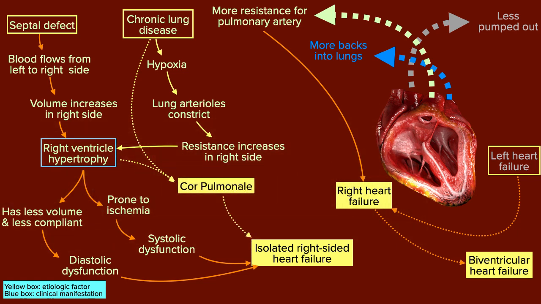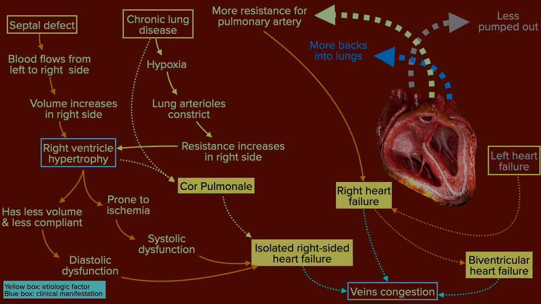Remember that with left-sided failure, blood gets backed up into the lungs. On the other hand, with right-sided failure, blood gets backed up to the body, and the patients may have congestion in the veins of the systemic circulation, and we'll see what that causes.